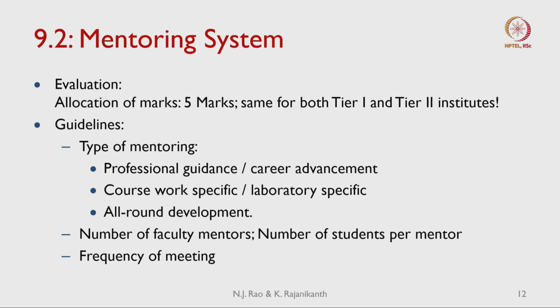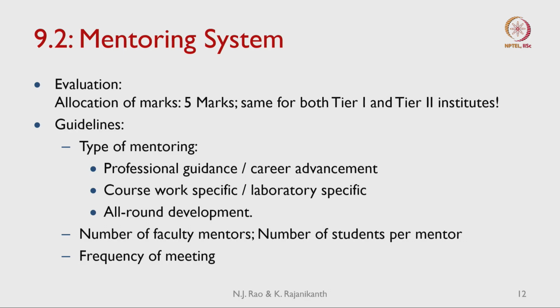So, the type of mentoring can be professional guidance, career advancement, it can be specific to coursework or laboratory work, it can be regarding all round development, which includes personality development and the career orientation, professional, everything put together, all round development. In fact, these can be elaborated further, saying what actually are the aspects to be covered under these kind of mentoring activities. But let us look at further.